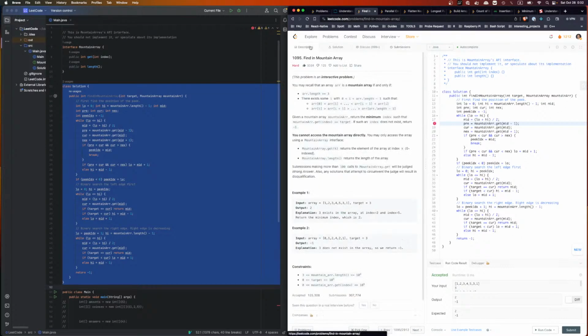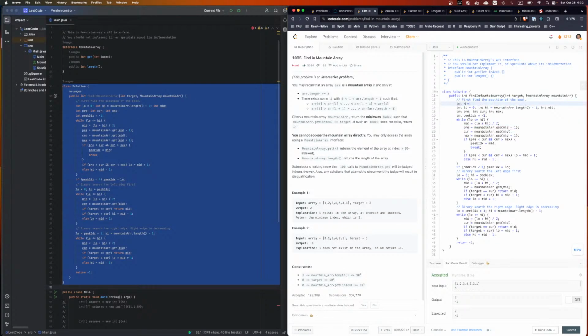Okay, so yeah, I can call length anytime I want, right? You know what? Right, mountain array. Let's just do it's gonna be n. Call it once. And here we say mid minus 1 is larger or equal to 0. Otherwise, minus 1.